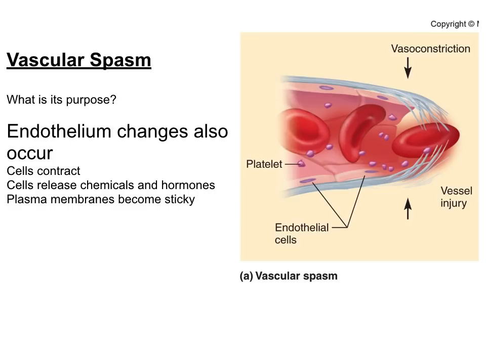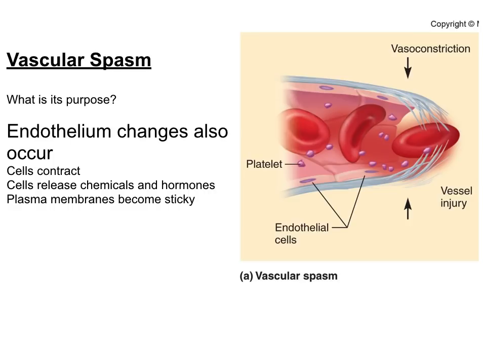Now recall from A&P1 that epithelial tissues always are associated with a basement membrane, a layer of protein that helps the epithelial tissue to attach to connective tissue next door. So what's happening here, the endothelial cells in the endothelium, which is a simple squamous epithelium, contract, and they expose this basement membrane.